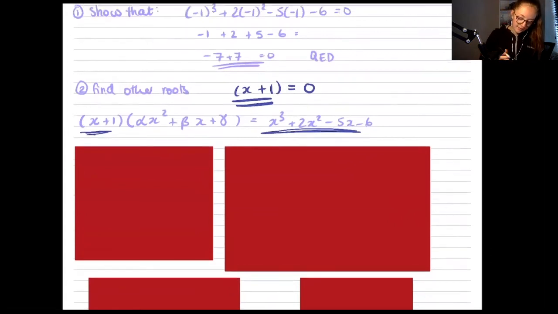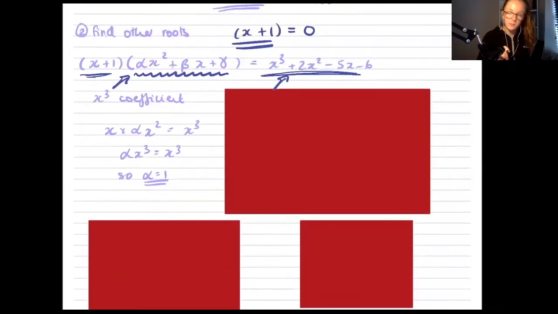And then we have 3 unknowns in the leftover, which I've called alpha, beta, and gamma. And in order to find out what these leftovers are, we try and match the coefficients from this unknown equation to this known equation.